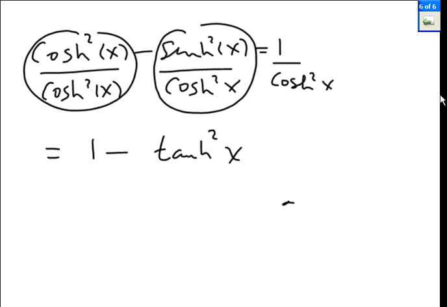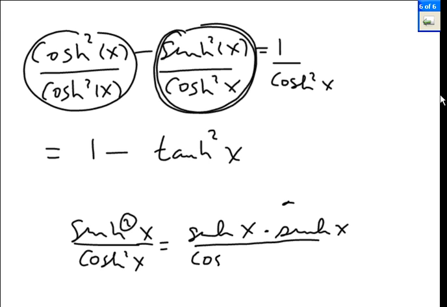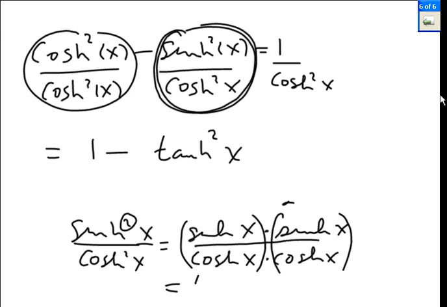But it gets squared, because this is really sinh of x over cosh of x times sinh of x over cosh of x. Just have to know what squared means. It means multiply by itself 2 times. Both of them are hyperbolic tangent of x. So that's what we get.